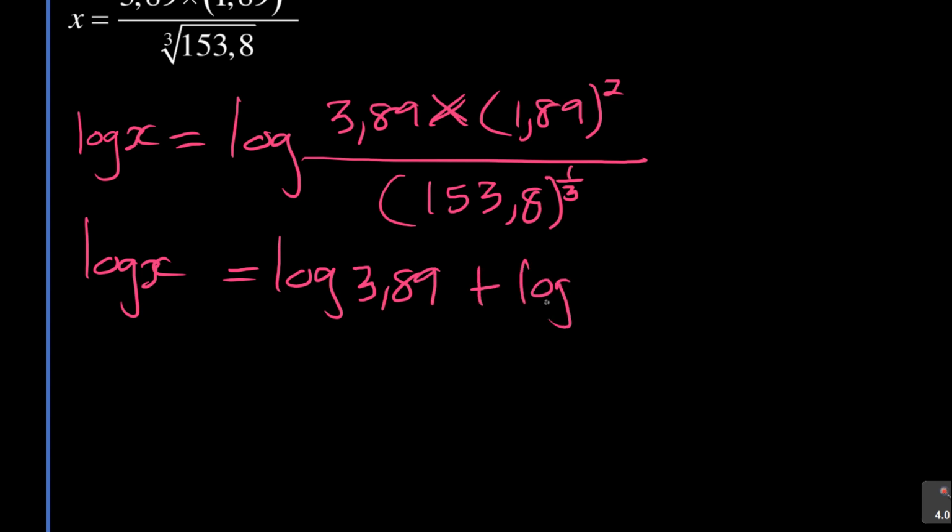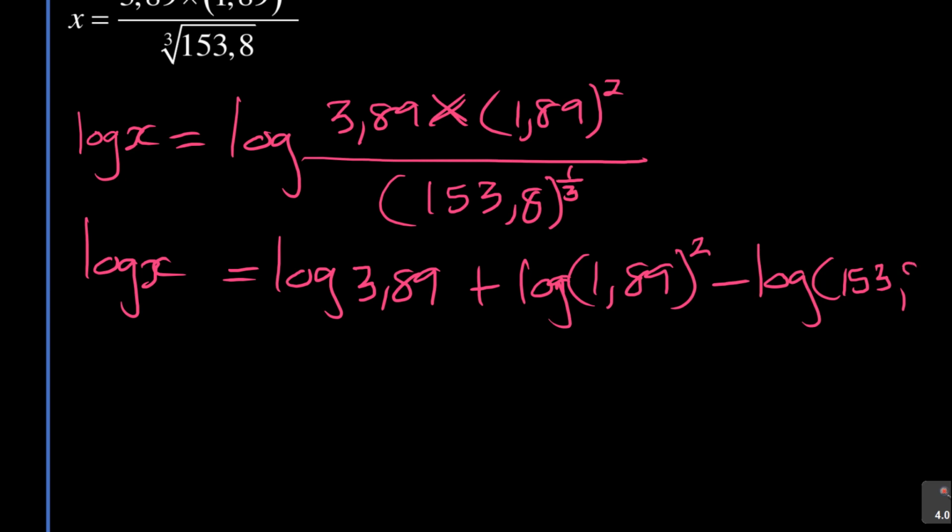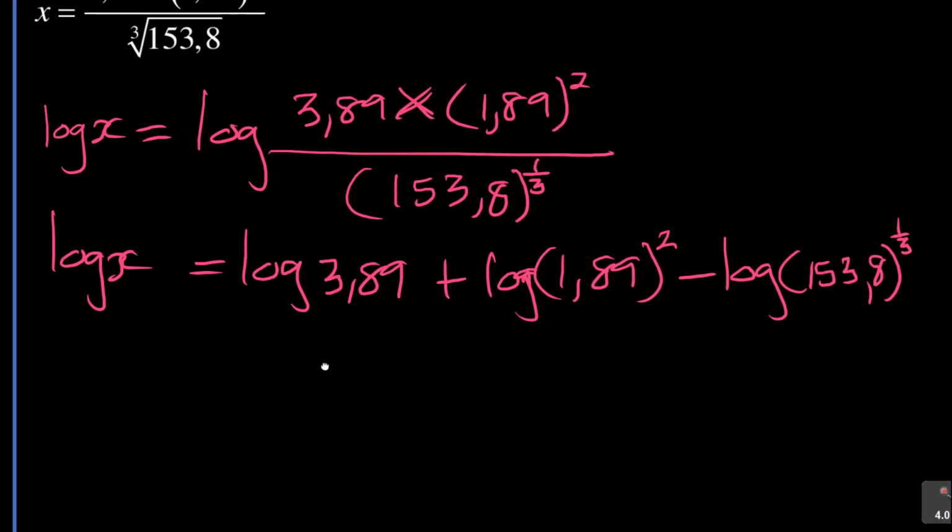Log what? 1,89 to the power of 2. See, the division means minus. See, log what? 153,8 to the power of what? Of 1/3. You see what I'm doing? This is the log that I'm using now.